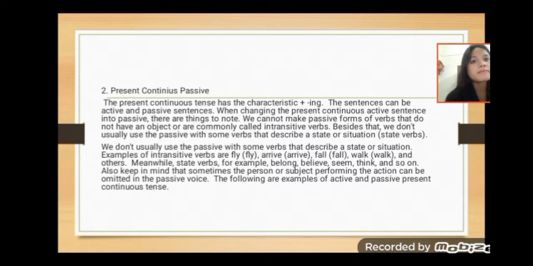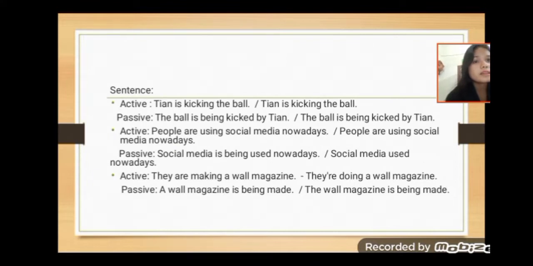Also keep in mind that sometimes the person or subject performing the action can be omitted in the passive voice. The following are examples of active and passive present continuous tense. For example, active: Tian is kicking the ball.